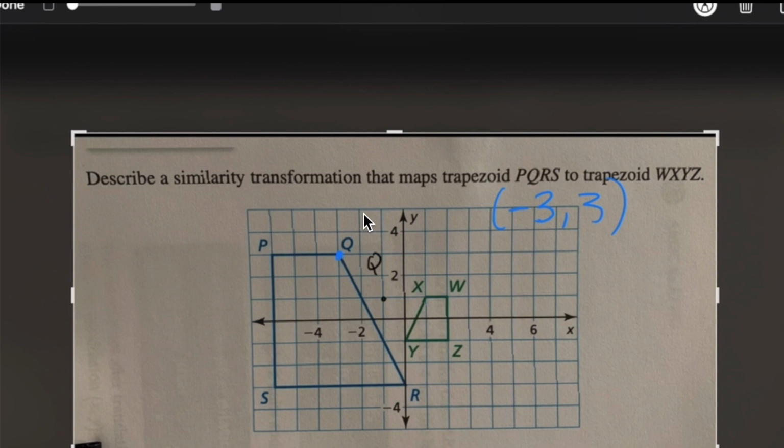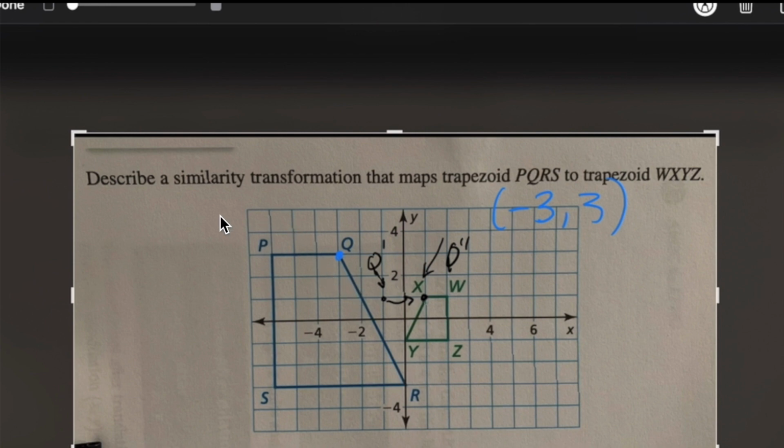Now, the final point on the final image here, I wish they would have labeled this as Q double prime, P double prime, etc. But this is the final point that's going to correspond to the original point, which was Q. So if this is Q prime here, and this is effectively Q double prime, then it's clear that there was a reflection over the y-axis.